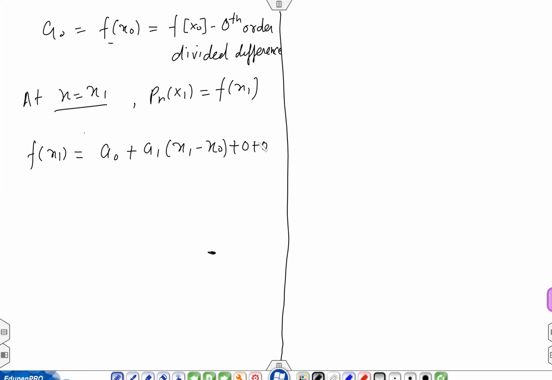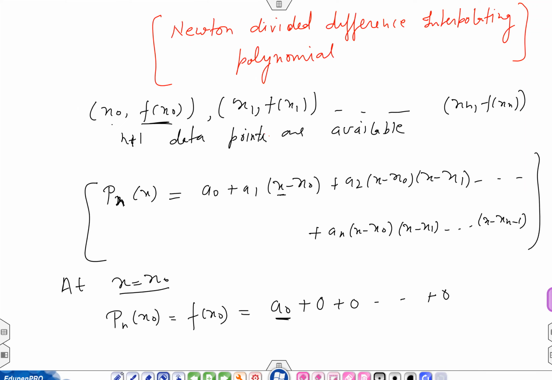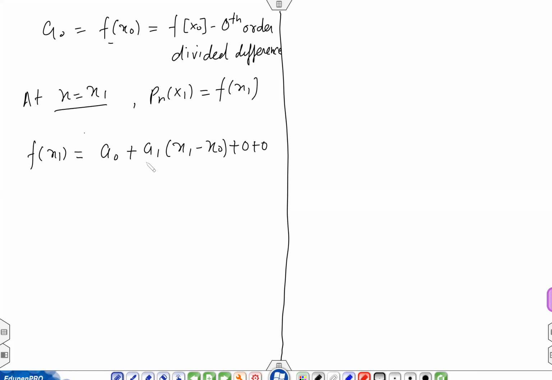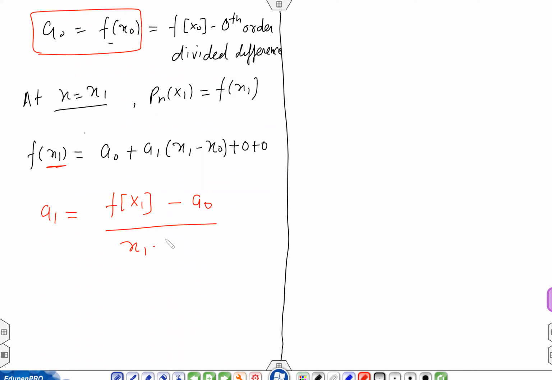All other terms will be 0 because we have taken a polynomial of this form; when we put x equal to x1, a2, a3 and all other terms will be 0. So we get the value of a1 from here. a0 we have already computed, and now we compute a1, which is f(x1) minus a0 upon x1 minus x0.